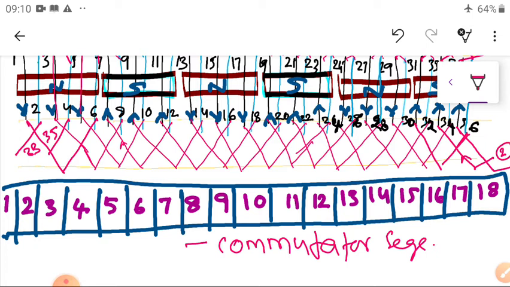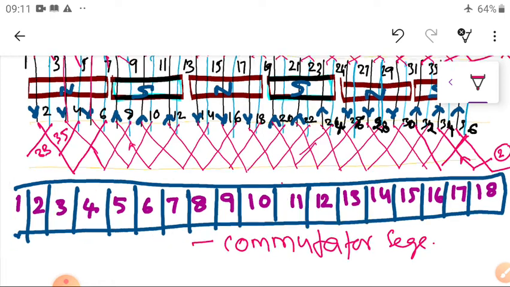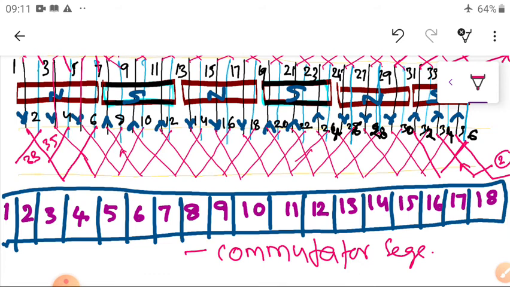Now for example, the first conductor, I connected this end connection to the first slot, this is connected to the second slot, this to the third slot, this to the fourth slot, this to the fifth slot, this to the sixth slot. You have the adapter, so just choose the correct place.